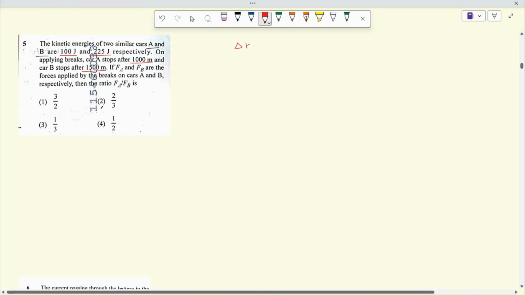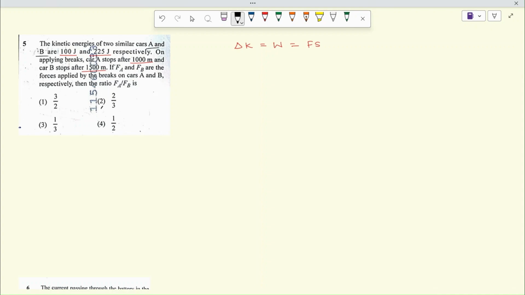Change in kinetic energy is equal to work done, and work done is equal to force into displacement. Right? Now, change in kinetic energy is nothing but the initial kinetic energy itself, because they are coming to rest. Finally, it is zero. So, change in kinetic energy is nothing but initial energy. So, let us use it directly.